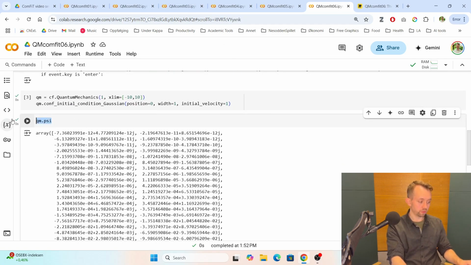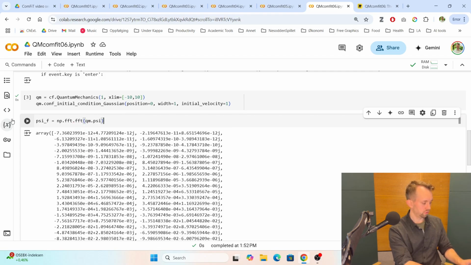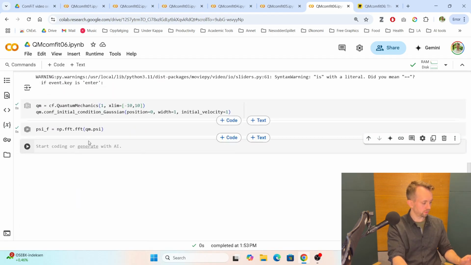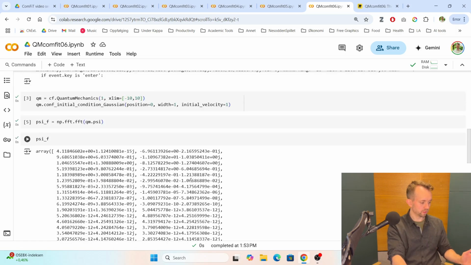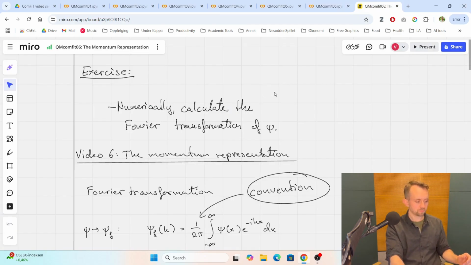And to get the Fourier transformation of that, which we will denote psi-f, we just do np.fft.fft of qm.psi, essentially. So this will give us a variable psi-f, which is just a complex field, but it's the Fourier transformation of psi. So that was the exercise.